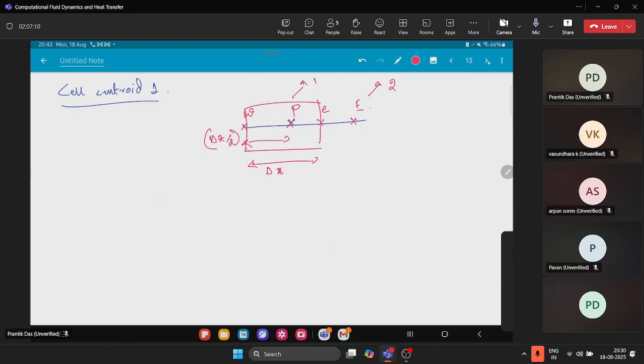Then what you have to do is: Fe phi e minus Fw phi w is equal to gamma e A (d phi/dx) at e minus gamma w A (d phi/dx) at w. Is it clear to all of you?